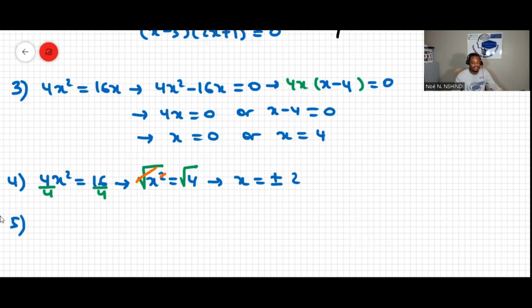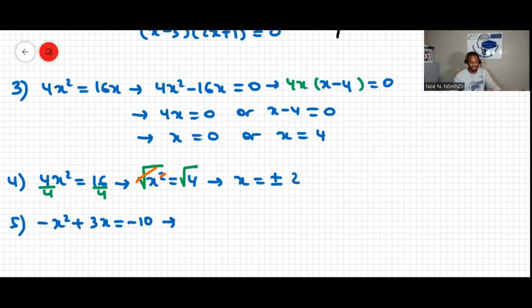Question 5 says negative x squared plus 3x equal to negative 10. Now, I prefer to move the negative x squared and the 3x to the right hand side of the equation.